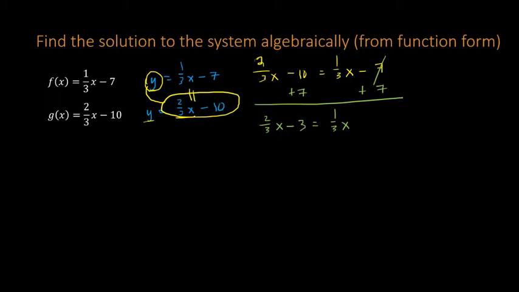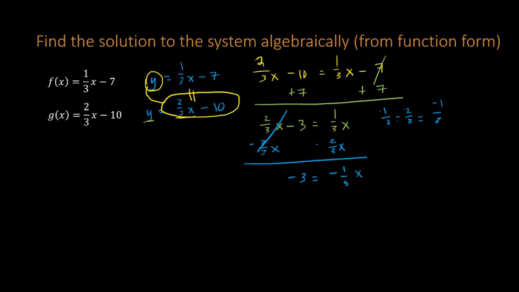And then I will have to subtract 2/3 x from both sides of my equation. I get negative 3 equals, let's see, 1/3 minus 2/3 is negative 1/3. And let's even double check. So 1/3 minus 2/3, this would be 1 minus 2, which is negative 1. So I get negative 1/3 x.